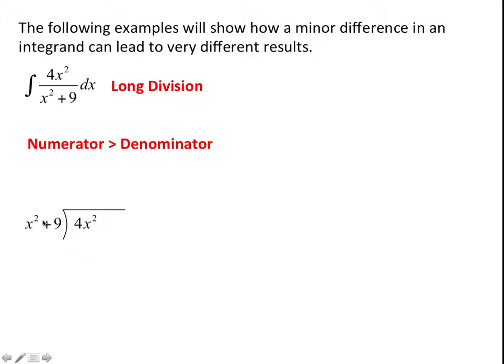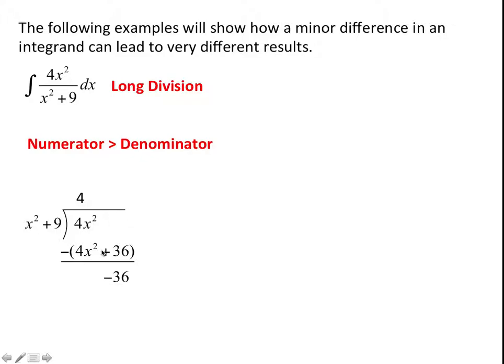So really it's a matter of looking at the highest power. So how many times does x squared go into 4x squared? Well, it goes in 4 times. And then we multiply, just like we do with long division. So we multiply 4 times x squared to get 4x squared, and 4 times 9 to get 36, and then we have to subtract that. So 4x squared minus 4x squared is 0.